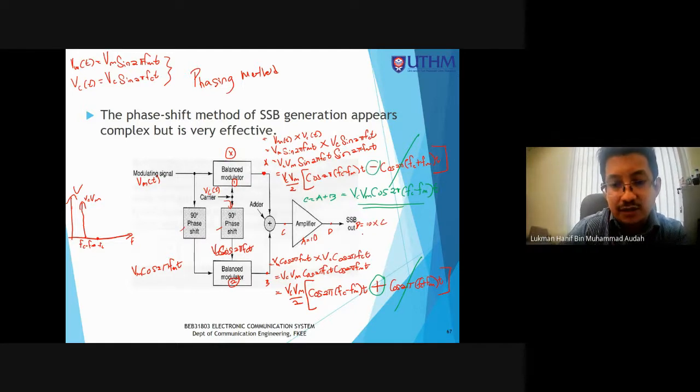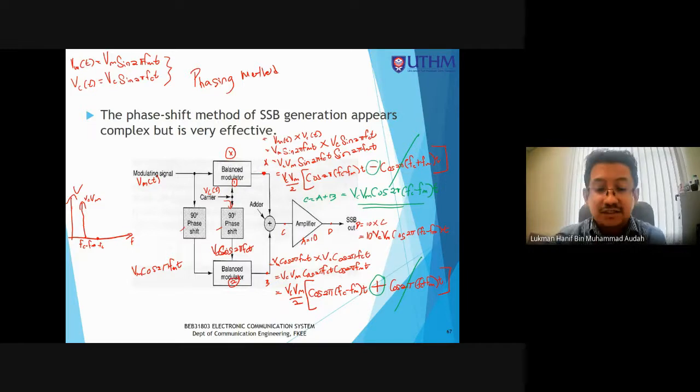So bermakna dia bersamaan dengan 10 Vc Vm cos 2 pi Fc minus Fm T.